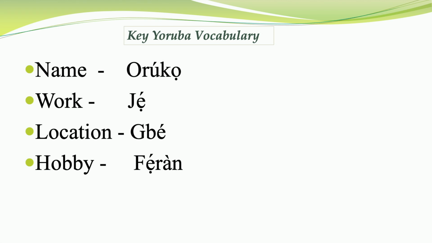You're going to learn the pronoun for the third person in Yoruba. That is what is going to be new in this video. But everything else in the previous video will still apply. So it's very important that you pay attention to the vocabulary for name, which is orúkọ, for work, which is jẹ́, for location, which is wà, and for what you like to do when you're free or for leisure.